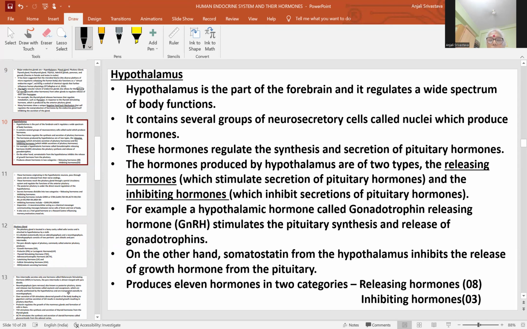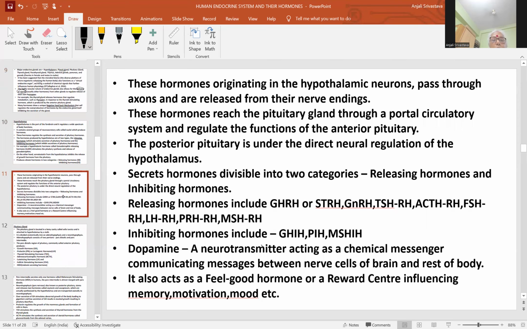Now, these are the hormones secreted by the different glands, अब ये एक एक करके hormones उनके नाम दिए हुए हैं, these are the hormones secreted by the hypothalamus.